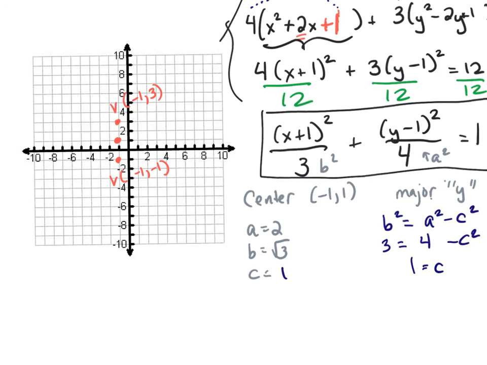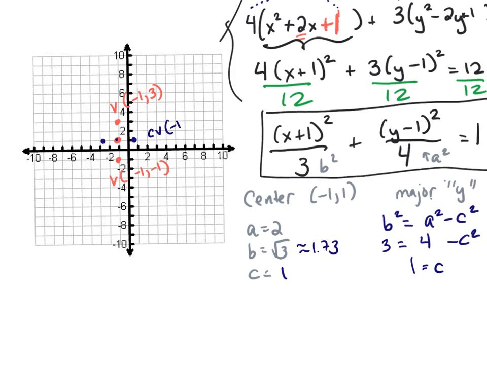I really find it helpful to just basically add these things, so I'm really just counting spaces. So radical 3 is about 1.73. So I'm going to go from my center over here about 1.7 and over here 1.7.